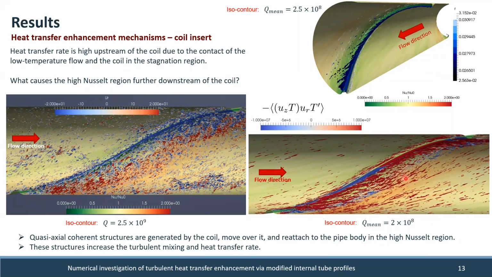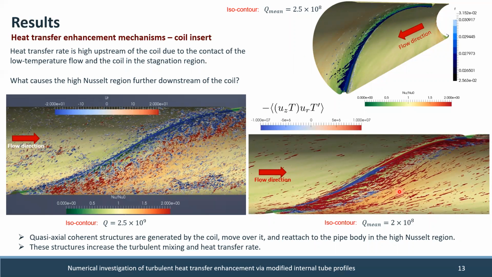Here, this figure shows the average Q criterion ISO contours, which are colored by this correlation. UZ is the streamwise velocity, T is the temperature, T prime is the fluctuating temperature, and UR is the radial velocity. If this correlation is positive, it means that we are helping the increase in convection.